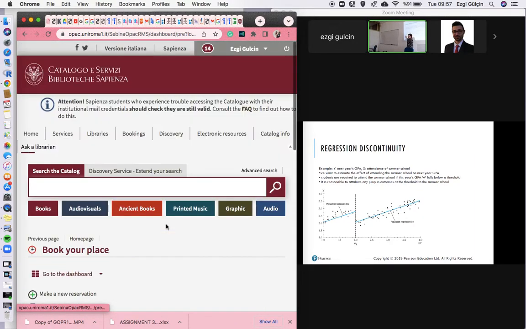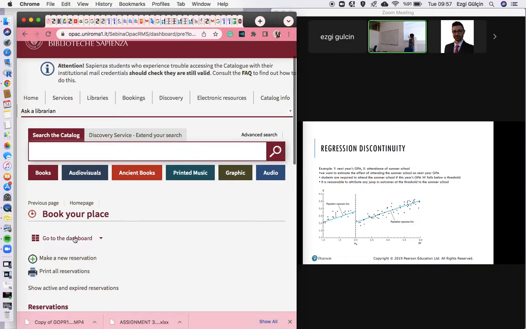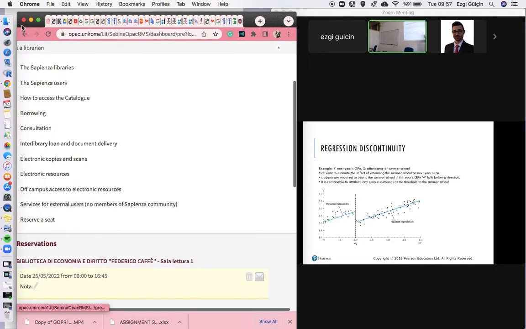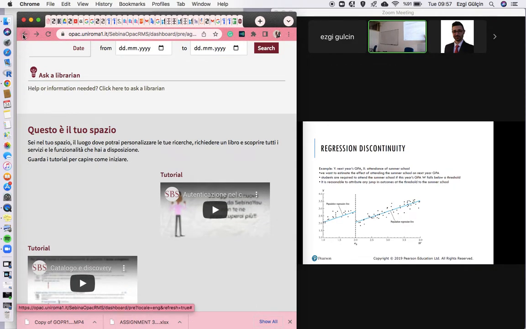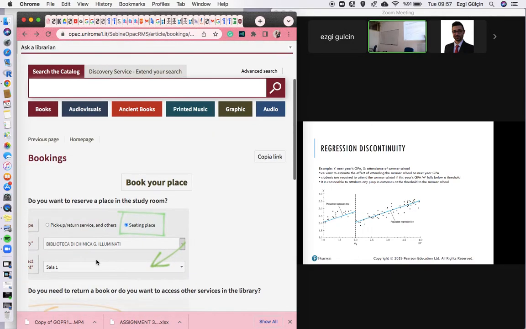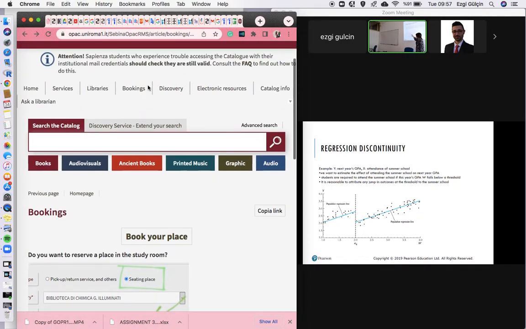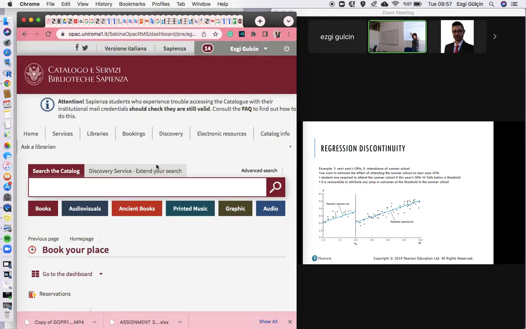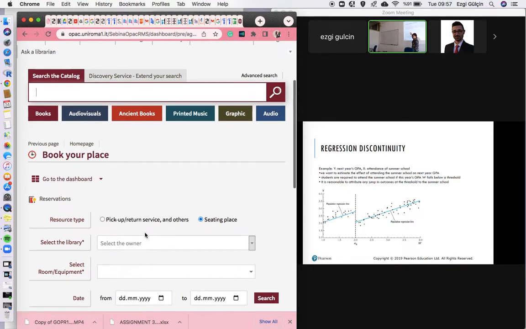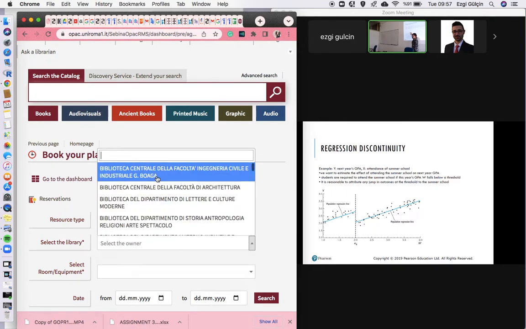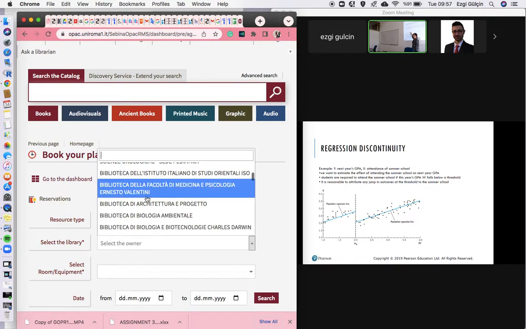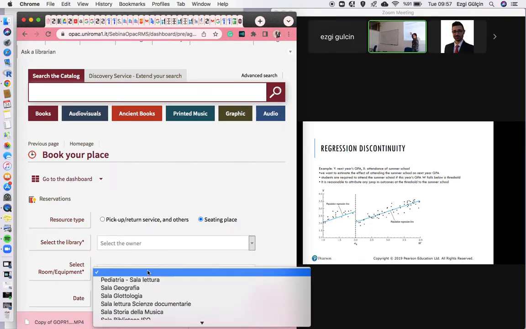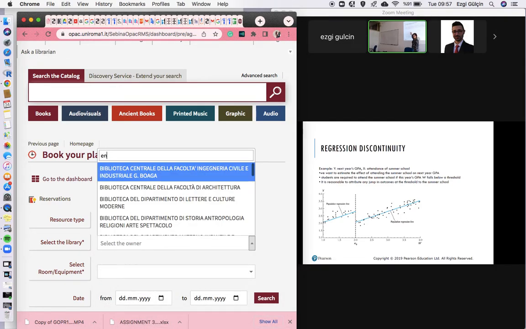So these are the treated ones in this case, and these are the control ones, the ones who are actually not treated. Then the difference at the threshold in next year's performance will be an estimate of the treatment effect. So it actually measures the effect of attending the summer school.